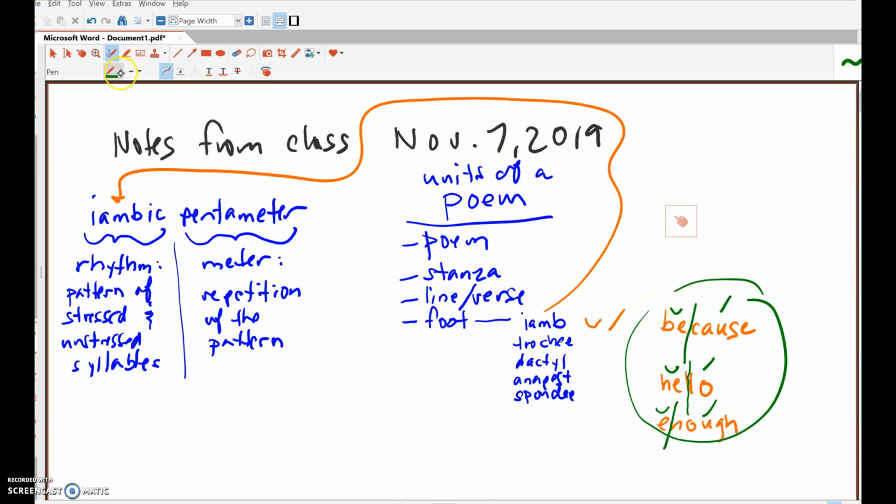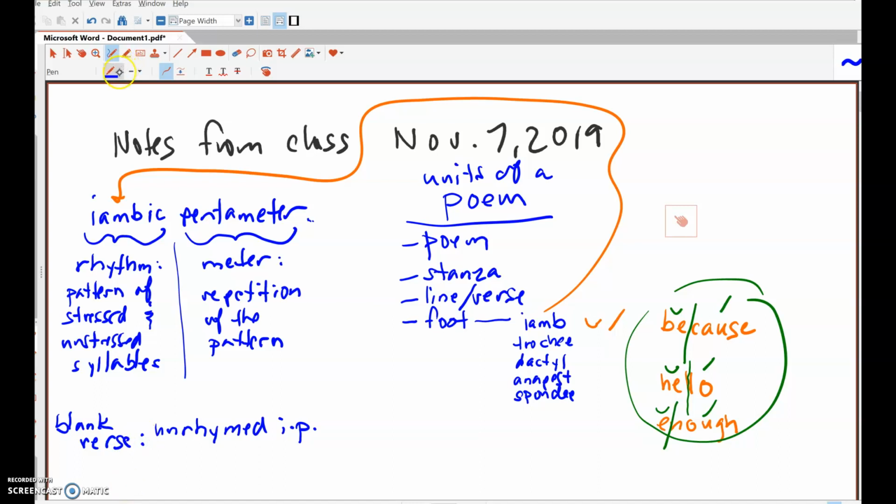So the poem itself, the Odyssey of Homer, is written in iambic pentameter. Iambic pentameter, when it's unrhymed, is called blank verse. Unrhymed iambic pentameter is blank verse.